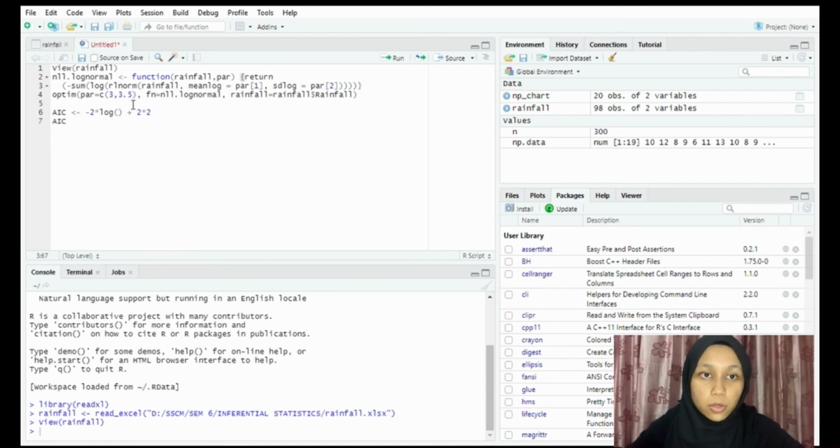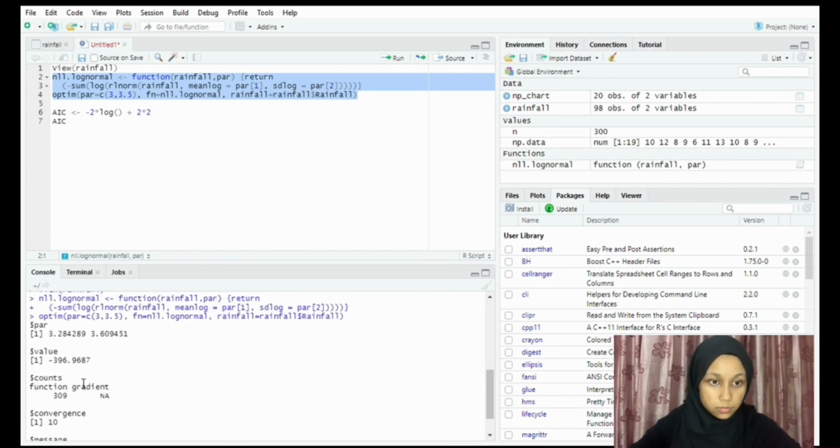In the optim command, the first one here is the initial values that I use, 3 and 3.5, and then the second one is the log likelihood that I want to maximize, and the third one here is the data that I use, which is rainfall. So now I can run the code. The output here that I have is for the parameters.